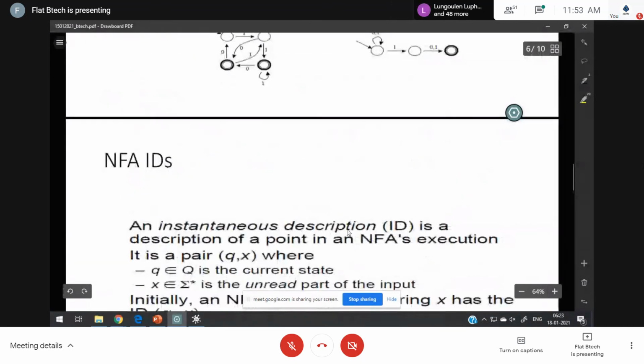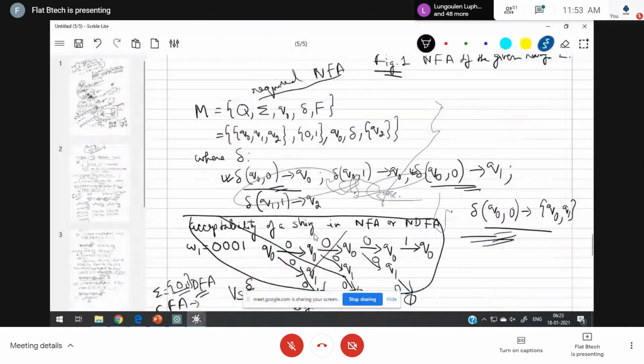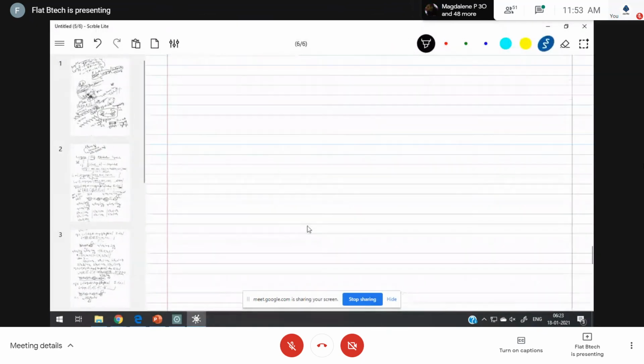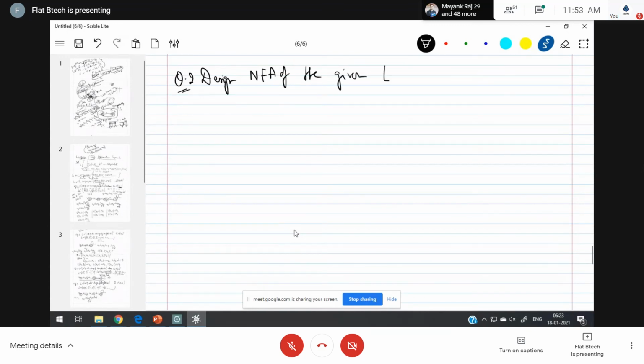Now, for today, let me take another example of NFA. Let's design an NFA for the given language. L is equal to all strings over the alphabet sigma equal to {a, b} that have at least two consecutive a's or b's.